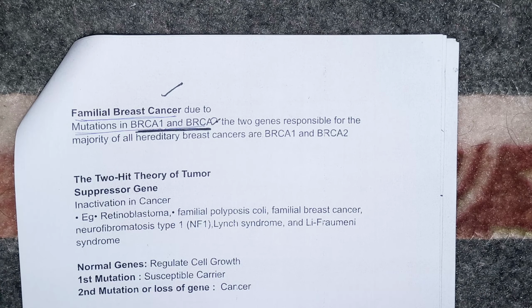Let me again give you the same example. Person A is my friend and he is not my relative. And person B is I myself. Suppose in my family, my grandfather had breast cancer and my father had breast cancer.